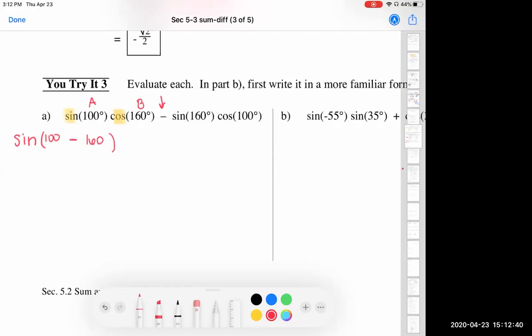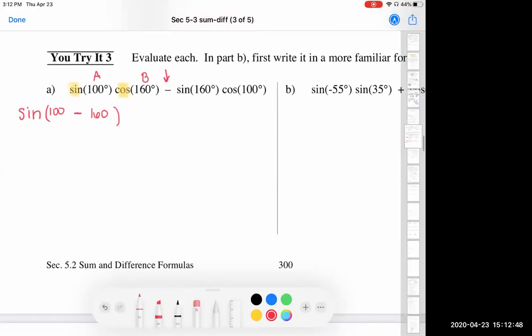Now we can go ahead and work with our formula. So our formula tells us that we can subtract. So 100 minus 160 gives you negative 60. So we can work with, what is sine at negative 60?